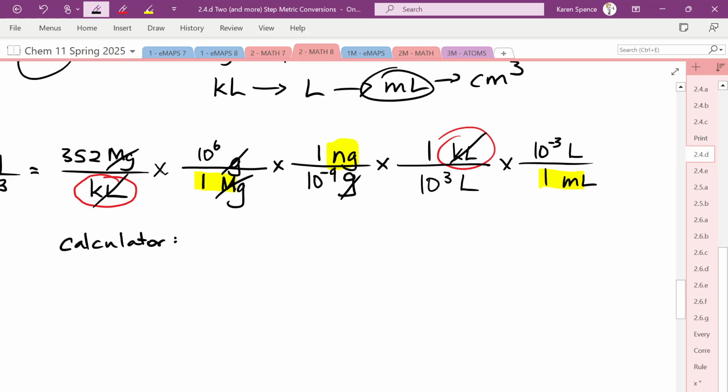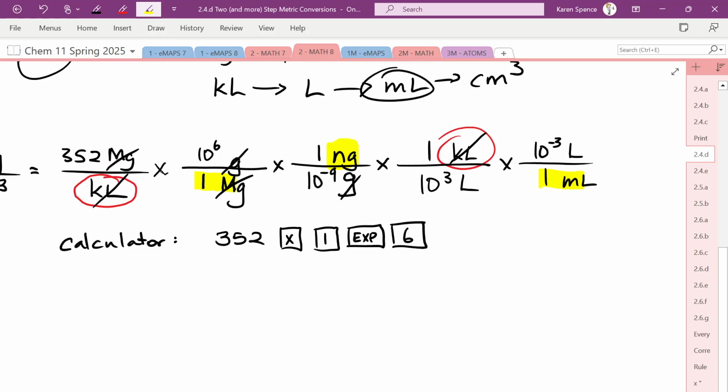Everyone grab your calculator. Okay, so we're going to start by having our 10 to the 6. So we're going to multiply by 1 times 10 to the 6.